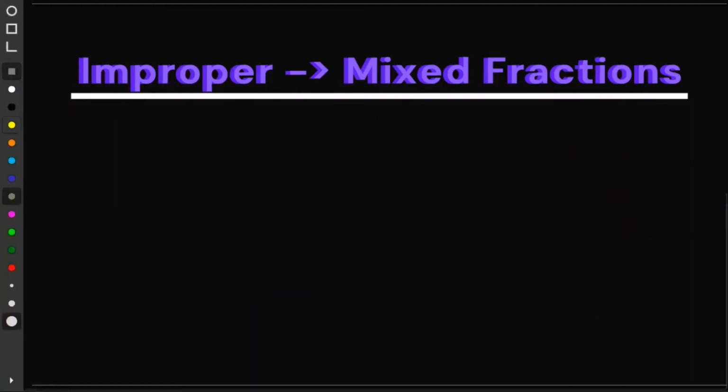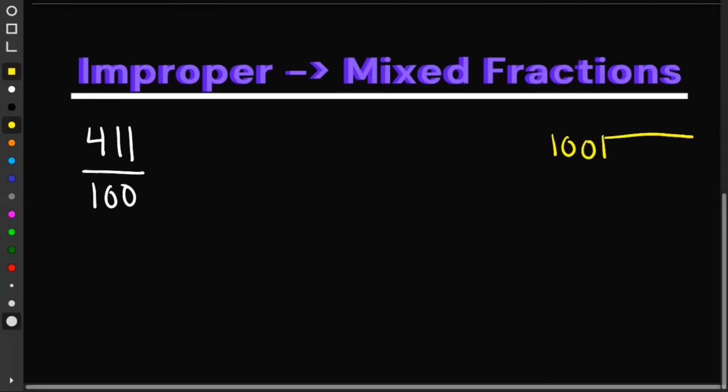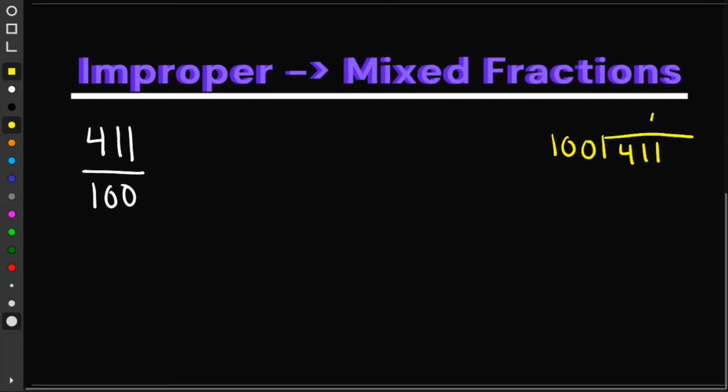Let's try one last example using the two methods. So if we have 411 over 100. First, we can divide, and that would give us 4.